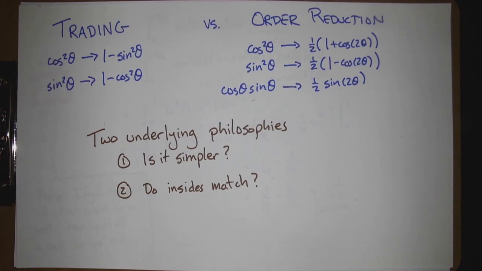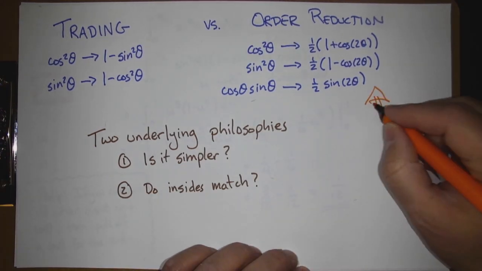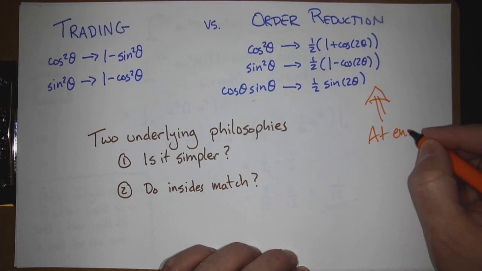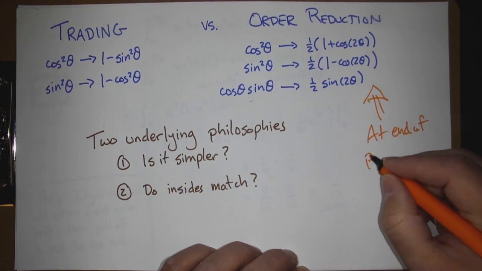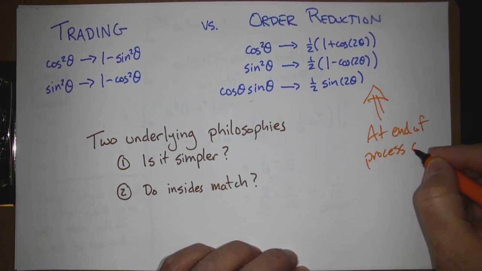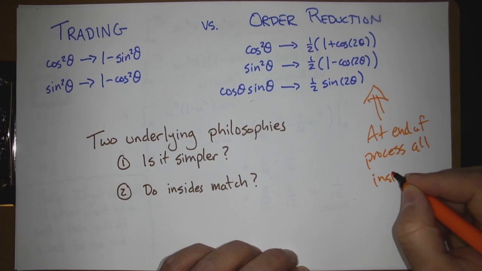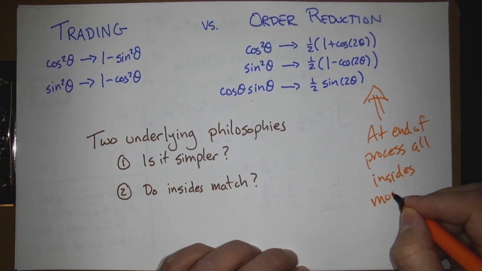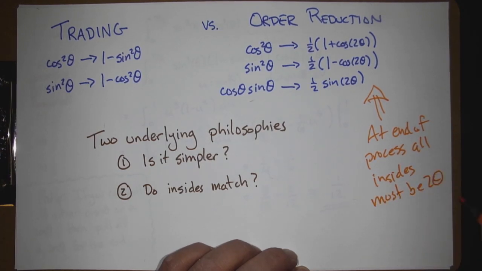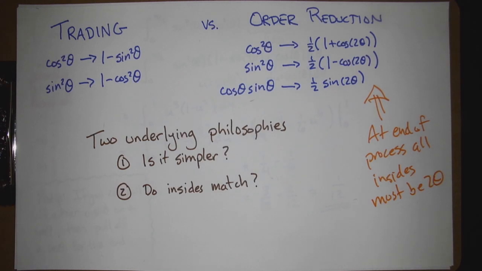Now there's another thing, do the insides match? So here, when I'm thinking about order reduction, I have to say at the end of the process, all the insides have to look like 2 theta. If they're not the same, then that's bad, because you really have to make sure all of your insides match.